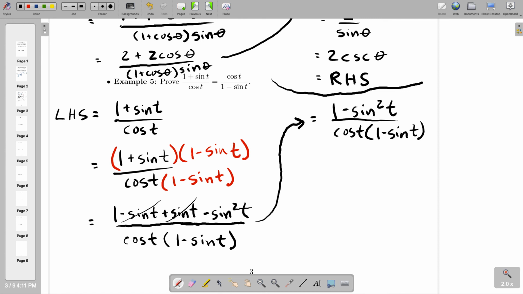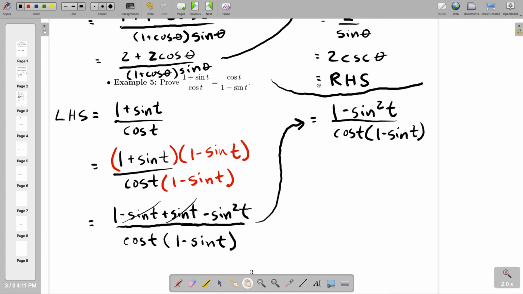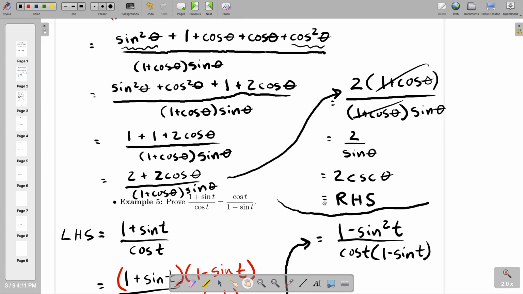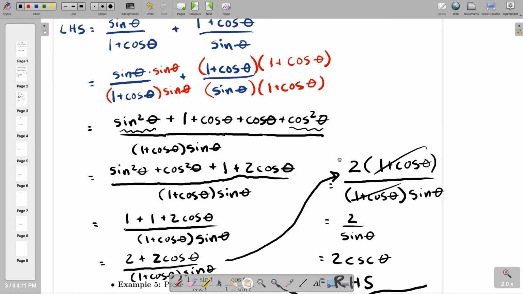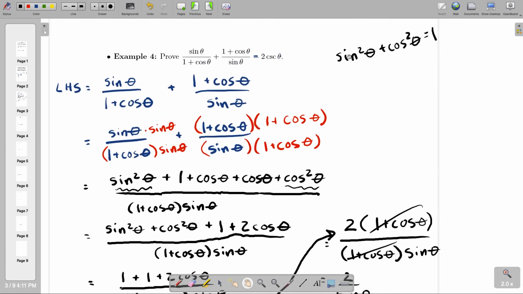So not only, like in the last problem, do I need you to be good at recognizing when the Pythagorean identity shows up like this, sine squared plus cosine squared, but I also need you to be good with the variations of it.